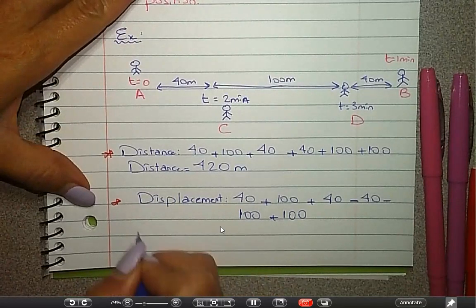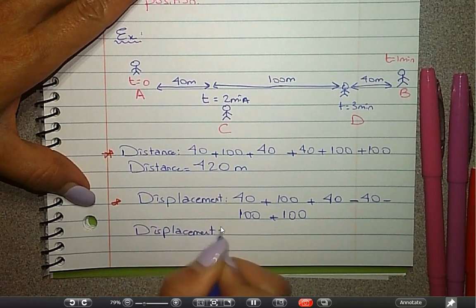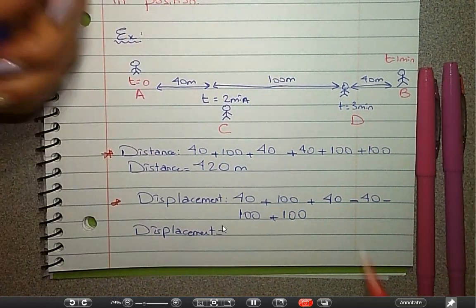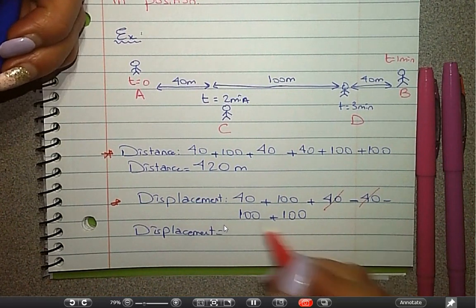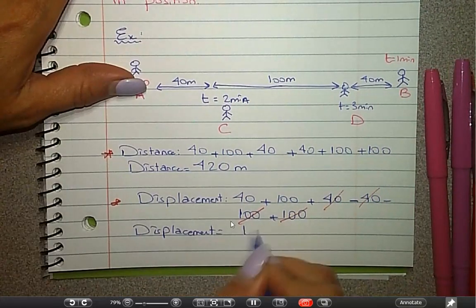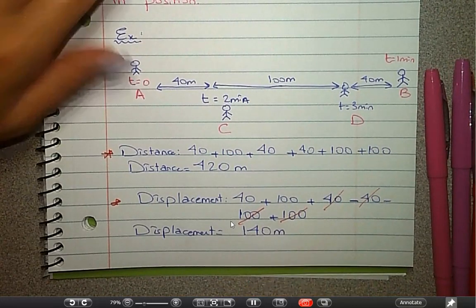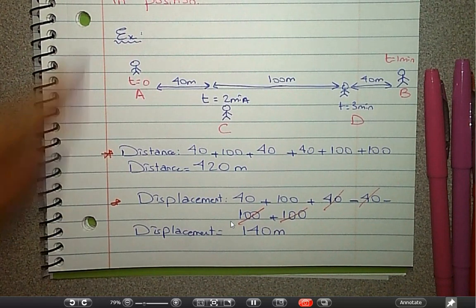So now the displacement is, I'm just going to do your math, 40 and negative 40 crossed out. That's minus 100 and 100. So I'm going to have 140 meters. Why? It's because we care about the direction and the magnitude of the object and the displacement.